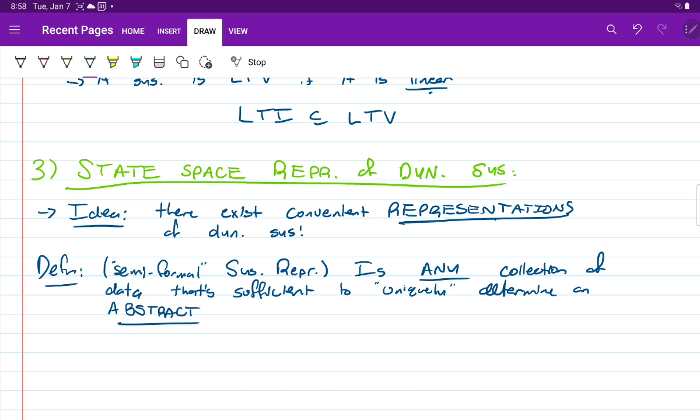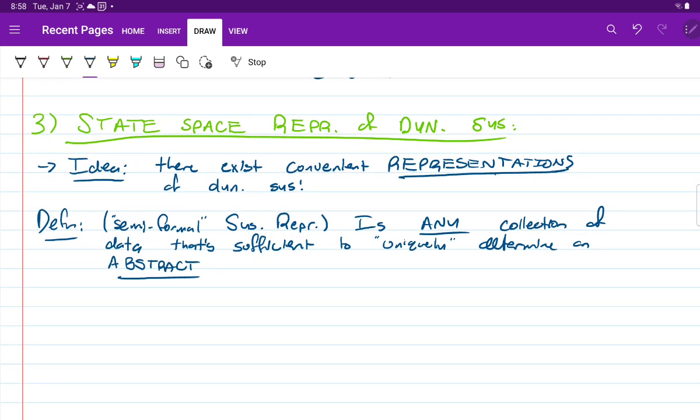All right, so when I say abstract, I mean with respect to that really long definition that we set out earlier. Abstract I/O dynamical system. Okay, so if I just tell you a bunch of data, and that data is sufficient to figure out what true abstract dynamical system I'm talking about, then I say that that data forms a system representation.